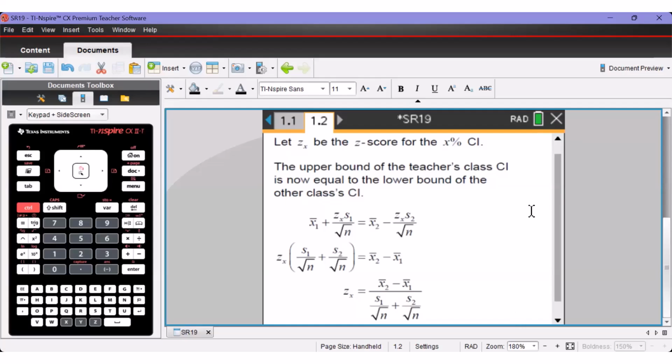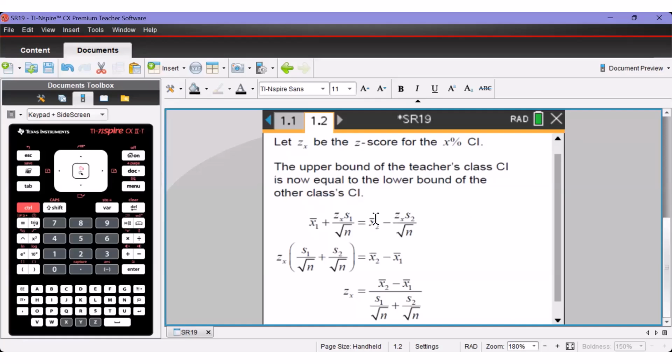The left-hand side is the upper bound of the teacher's class, so it's x1 bar plus zx times s1 on the square root of n. We equate that to the lower bound of the other class's confidence interval, so x2 bar minus zx times s2 on the square root of n.